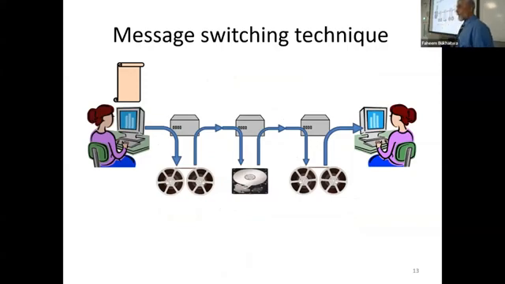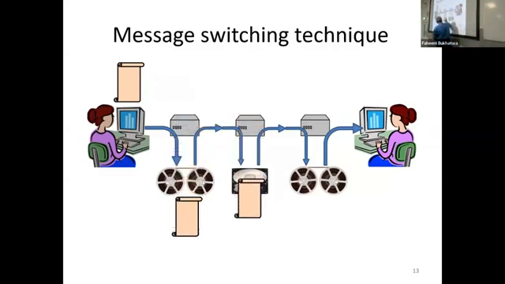Now, this is the first technique, the message switching technique. This is done by computer companies, the first attempt at communication. They take the entire file they want to send to another machine. They transmit it to the nearest machine, and they store it. At the time, they only had tapes, so they had to store it on a tape. Once it's fully received, a copy of it is sent to the nearest machine again.